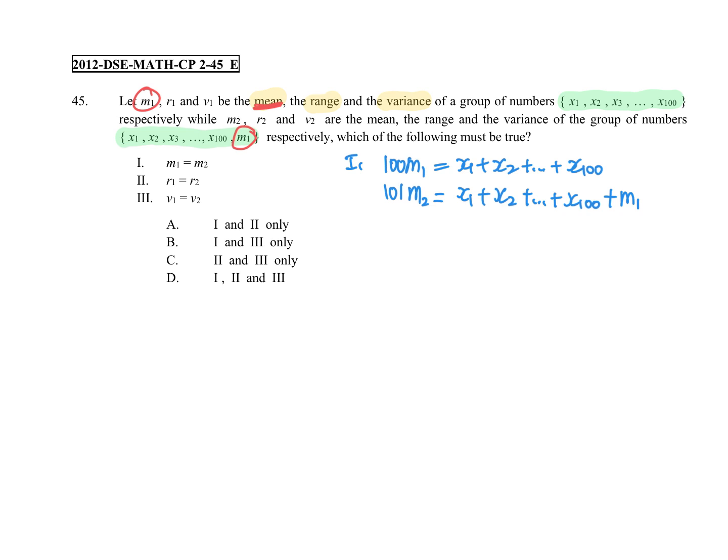If you try to do the subtraction of the two equations, 100 M1 minus 101 M2, all cancel except M1.